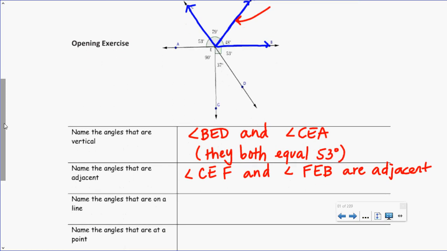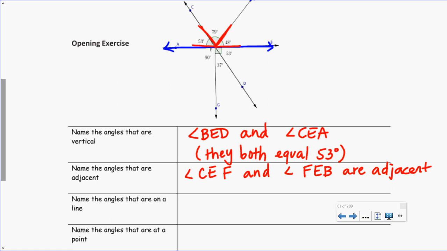Okay, the next one we want to do are angles that are on a line. Okay, let's use the degrees for this one. The most obvious one is right here. If you can outline this line, you see three angles that make up that line. So here's the 53 degree angle, the 79 degree angle, and the 48 degree angle.